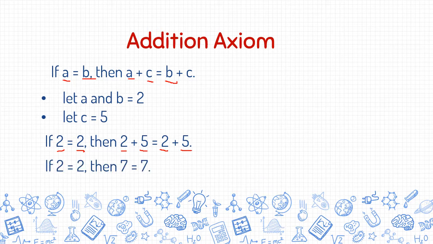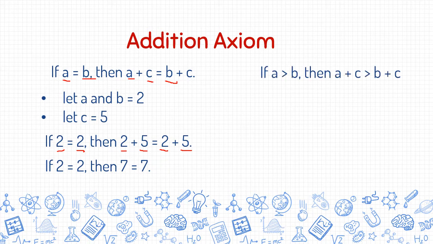So if 2 is equal to 2, then 2 plus 5 is 7, and 2 plus 5 is equal to 7. Therefore, the axiom is correct.